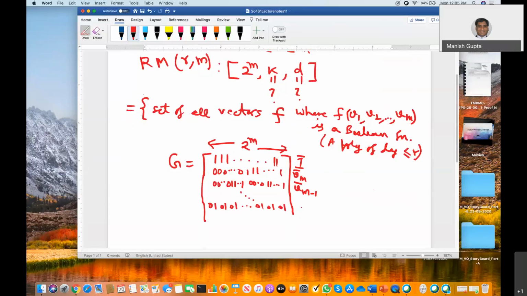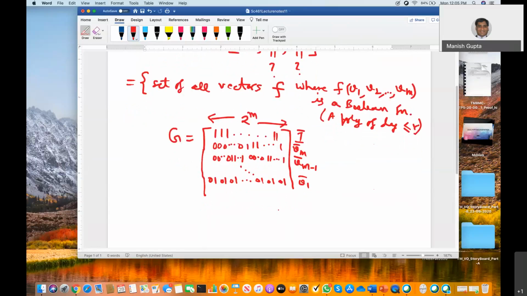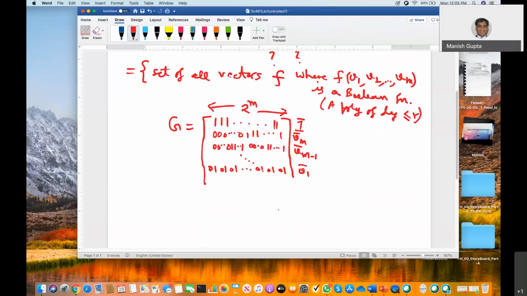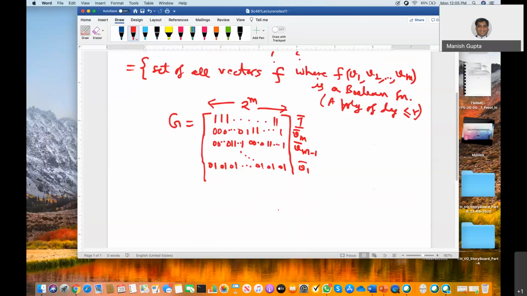So the first vector is the all one vector, then half 0 half 1. Then look at the half 0, of length 2 to the m minus 1, and put again half 0 half 1, and in the other half of 1s you again put half 0 half 1. Like that you keep on doing this until we get the last vector 0 1 0 1 0 1. So this is one portion of the matrix.